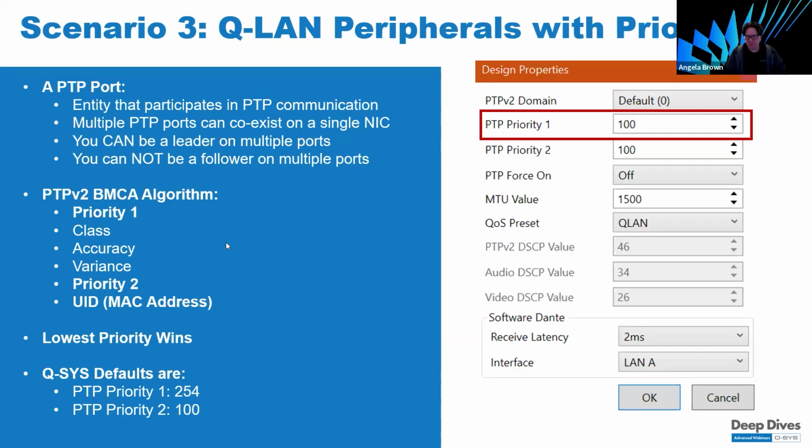The variance is the stability. Because PTP v2 is more a relative clock as opposed to an absolute clock like an NTP server is, you actually have a variance, or the amount of drift over time. Again, the lower the number, the better.